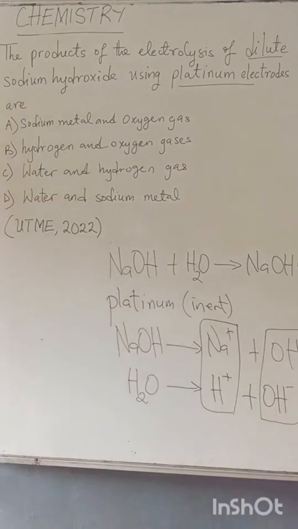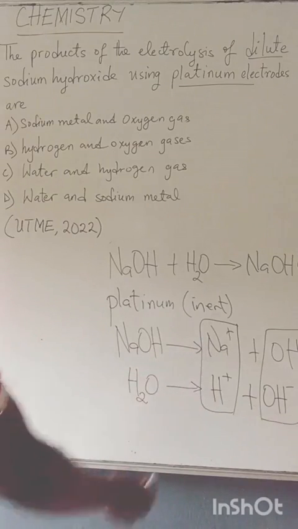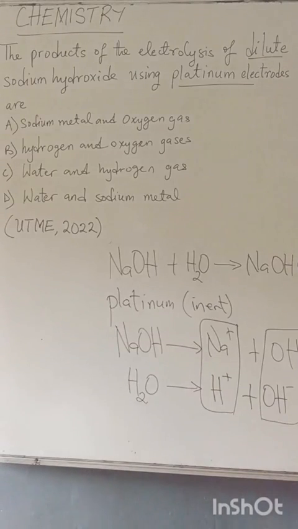Are you through with understanding these ones on the board? Because I'm going to wipe them off and sketch a diagram of an electrolytic cell so that I can explain to you the electrode to which the sodium cation and the hydrogen cations will migrate before the electrolytic process starts.